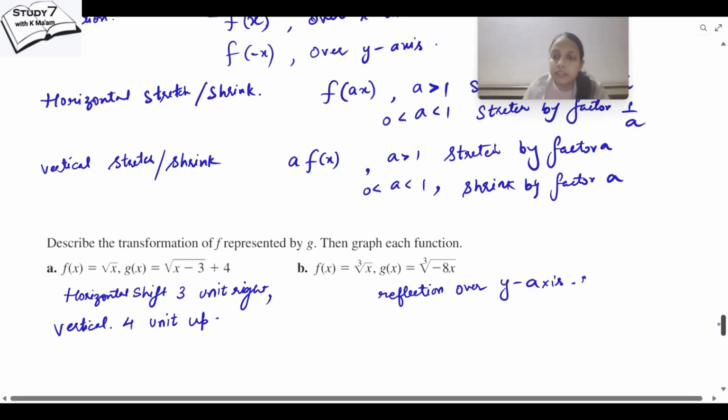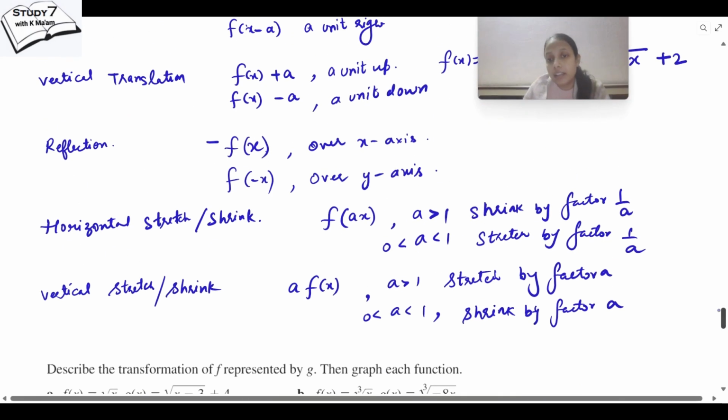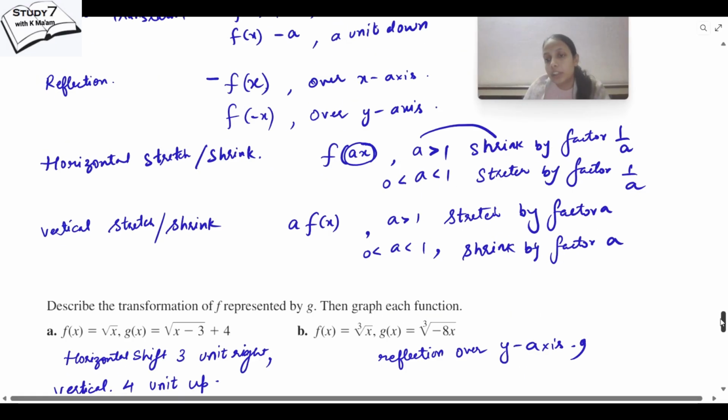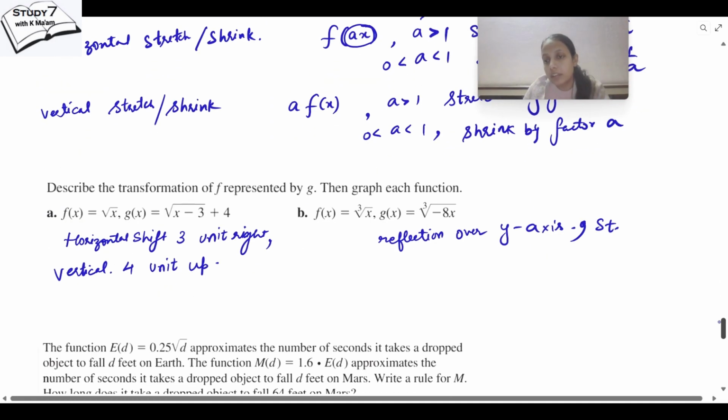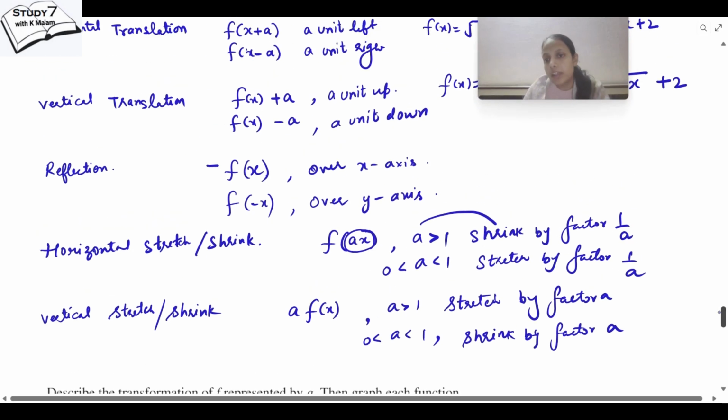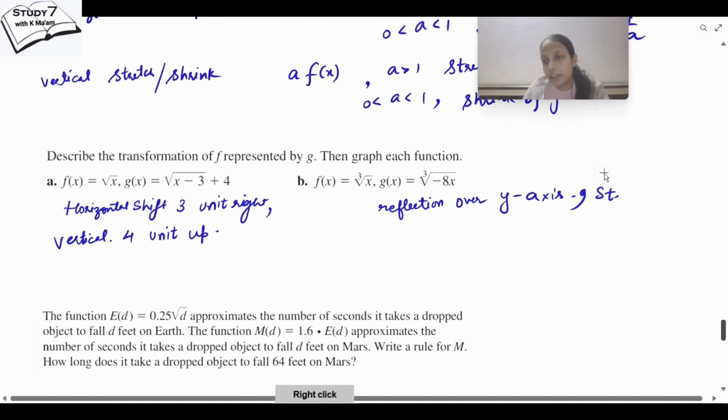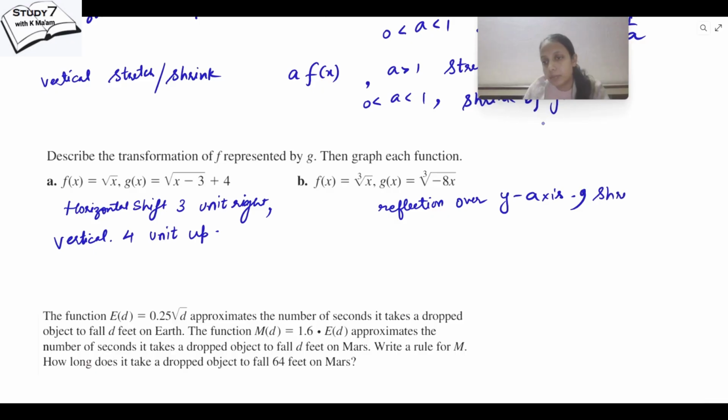And then x is multiplied by 8. 8 is a number greater than 1, and in this case it is multiplied inside. Greater than 1 would be a stretch, but it should be a shrink. It's a shrink by factor 1 over 8, because I told you, in the case of horizontal, you have to take the reciprocal of the factor.